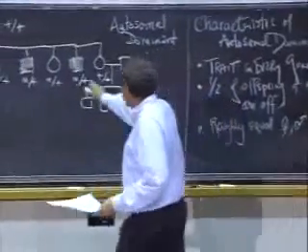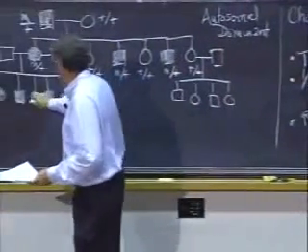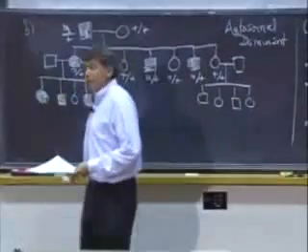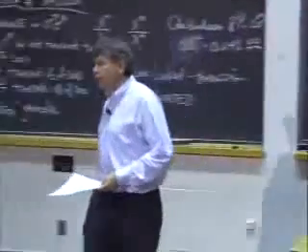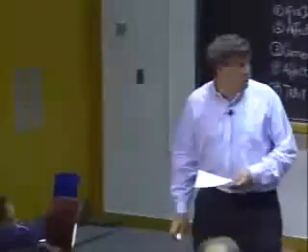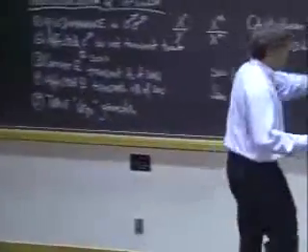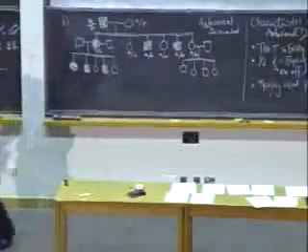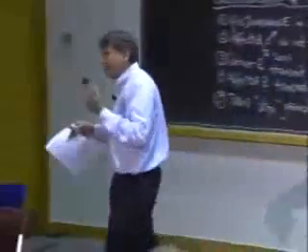Two male, 1, 2, 3, 4, 5 to 2. So it's a 5 to 2 ratio? Oh, in the offspring, it's a 2 to 1 ratio. So this is like Mendel. You see this number and you say, okay, 2 to 1. Is that trying to tell me something? Not with 6 offspring.